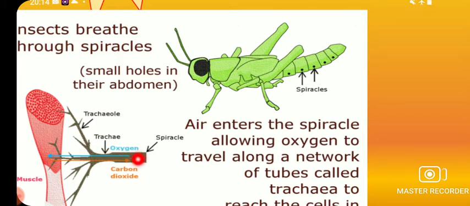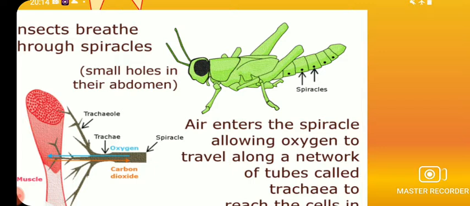This blue colored thing is oxygen. The oxygen enters through the spiracle here. Through the spiracle, oxygen travels and goes into the cells, where it is distributed into the body of the insect.